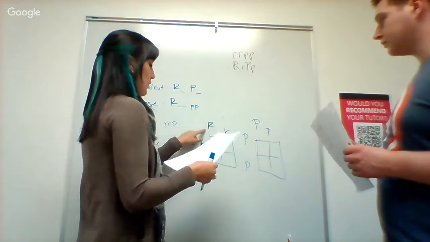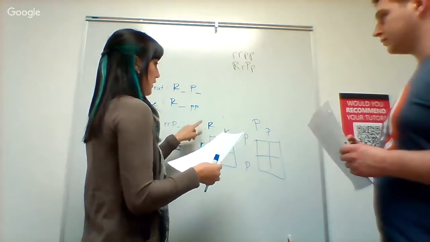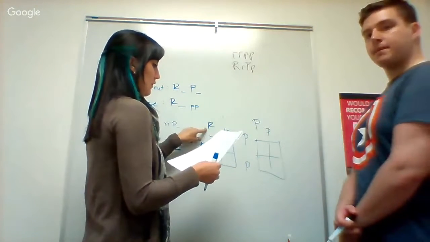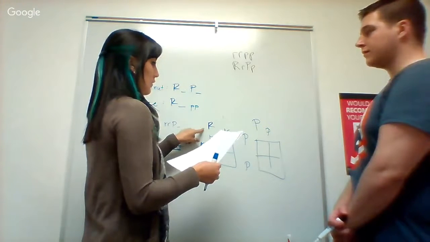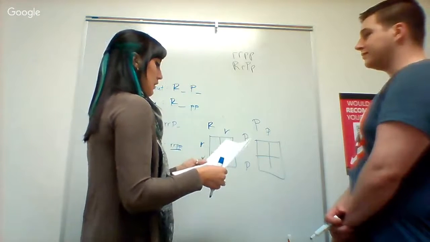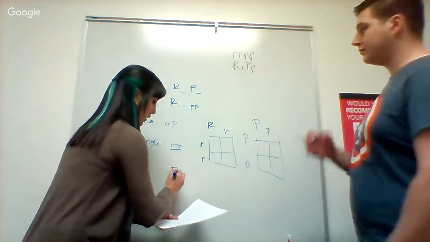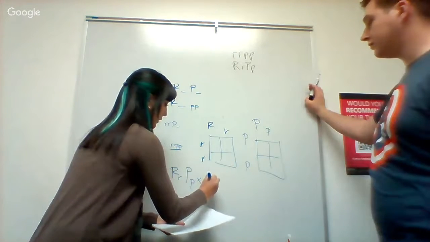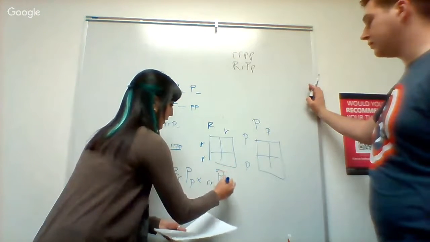For the rose and the walnut, we needed just a dominant R for both, and for the walnut we needed a dominant P also, so that's how we got R, R, P, P, R, R, P, P.